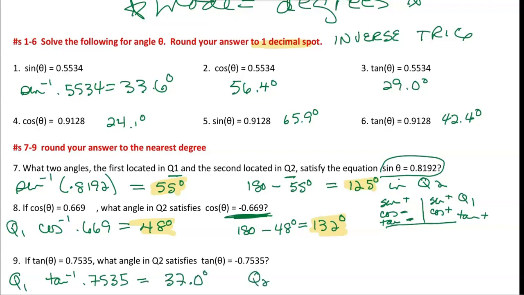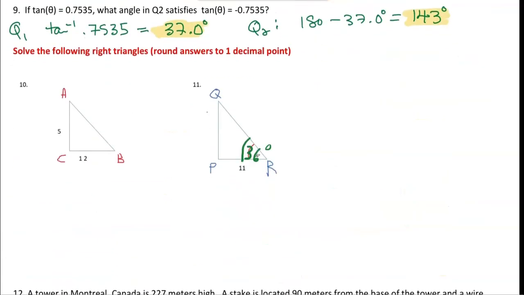The quadrant 2 angle you get by saying 180 minus 37.0 degrees, and that's going to be 143 degrees. Okay, so that's my second angle. So I've got 37 in quadrant 1 and 143 in quadrant 2.